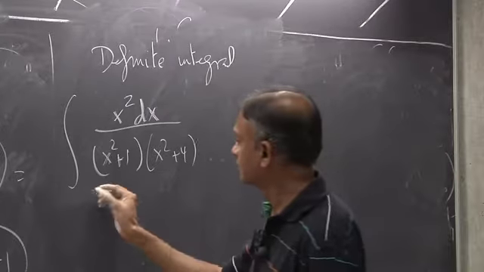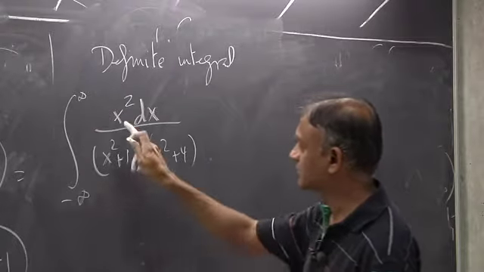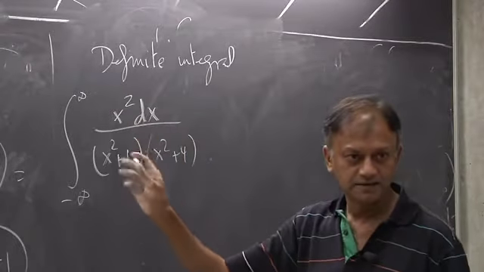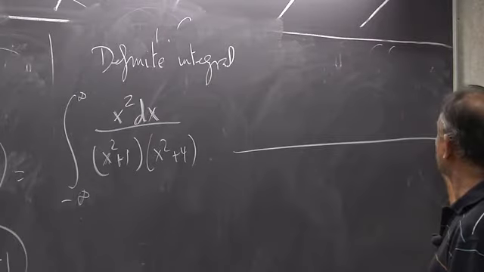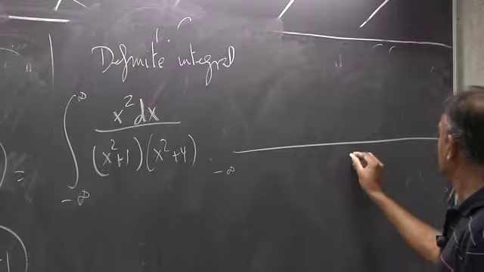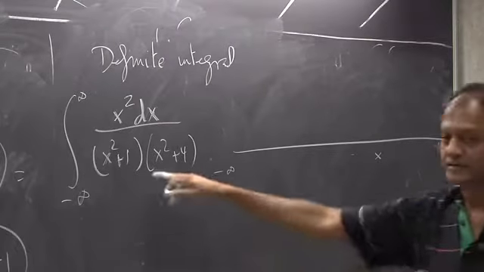This is just an integral from, for example, 0 to infinity, or equivalently minus infinity to plus infinity, because after all it's an even function of x, so you can as well extend it. So this is my x, x is this direction, and I want to integrate this object here.